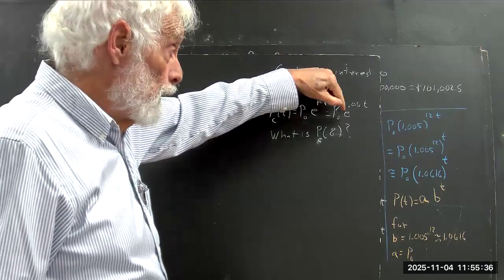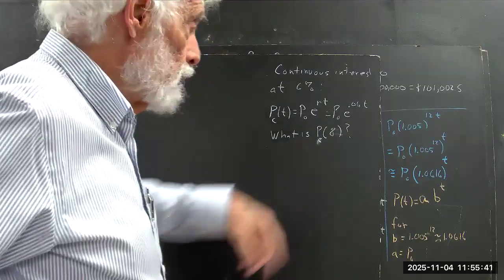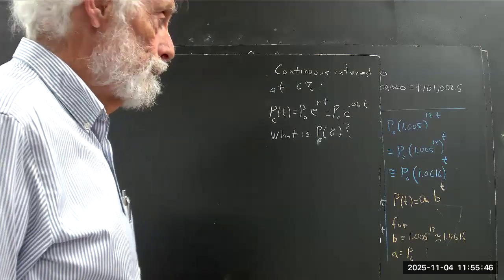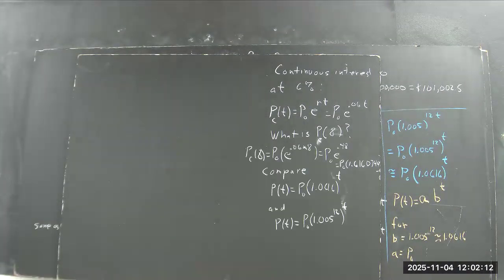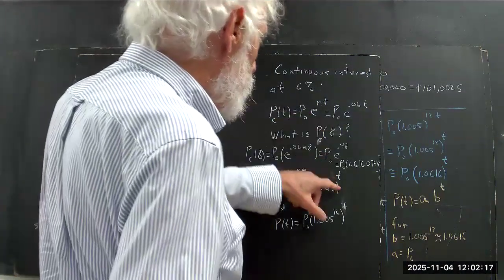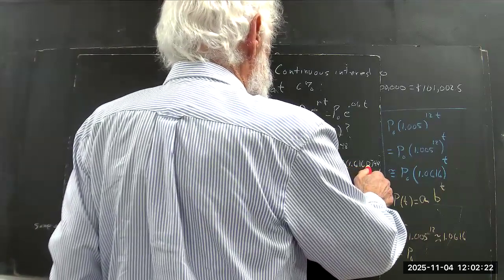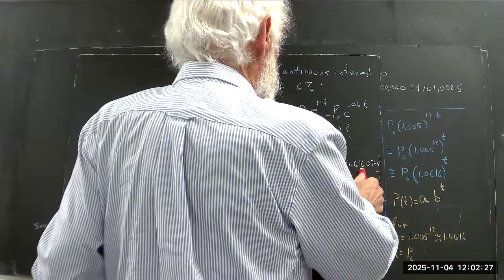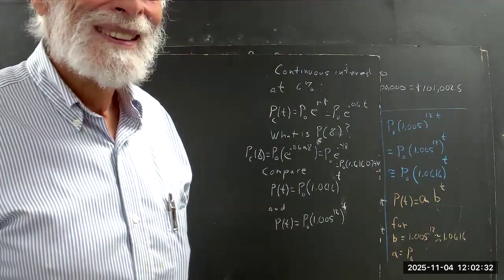But what do you get for E to the 0.06T, where T equals 8 years? When we calculate this for P of 8, we get P naught times 1.6160744. Now, if I multiply that by 100,000, I get $161,607.44.